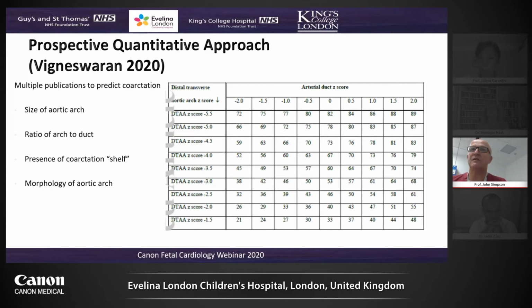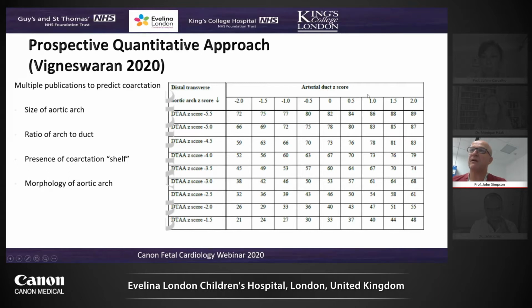I'll just point you to some recent data from our group, from Trisha Vigneswaran, which are based on prospective rather than retrospective data on well over 100 cases, where we're looking at the chances of there being coarctation being related to both the Z-score of the transverse aortic arch and the arterial duct.